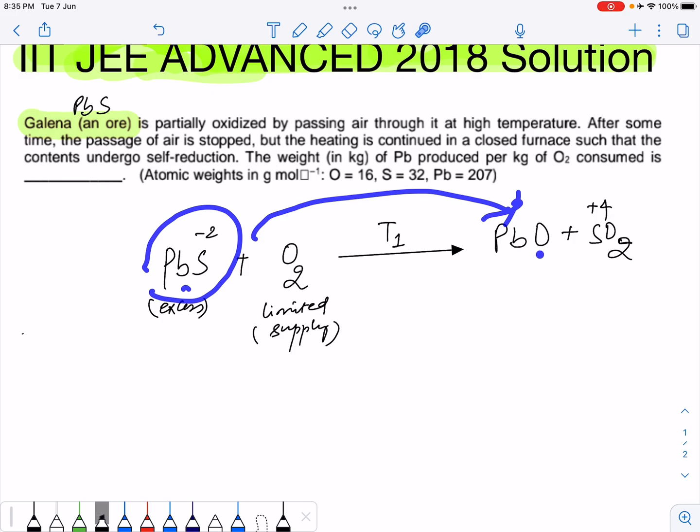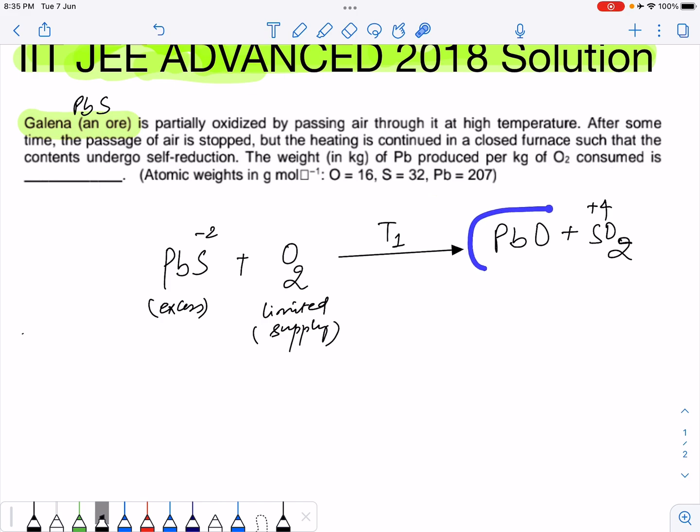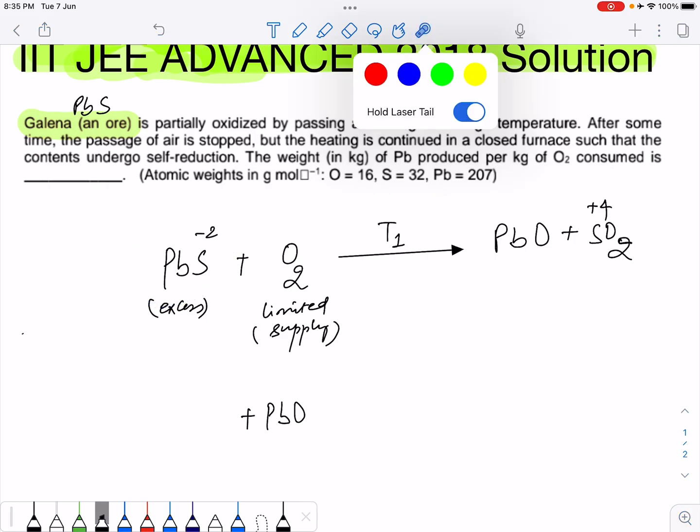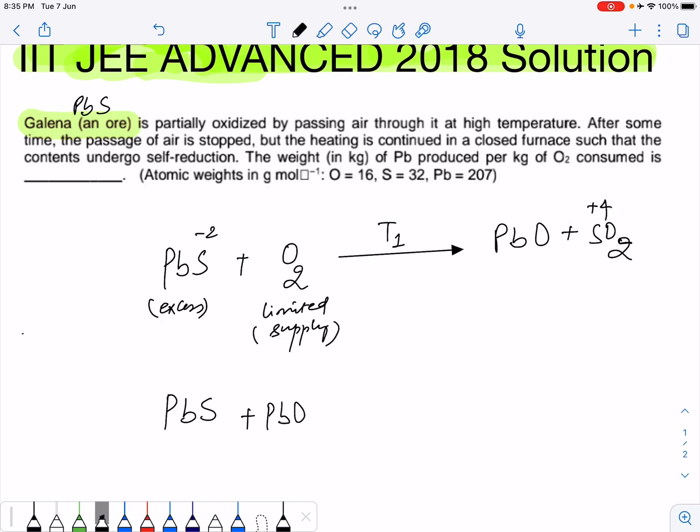In the second step, the PbO formed in the first step reacts with the leftover PbS, that is the PbS which has not undergone oxidation in the first step.